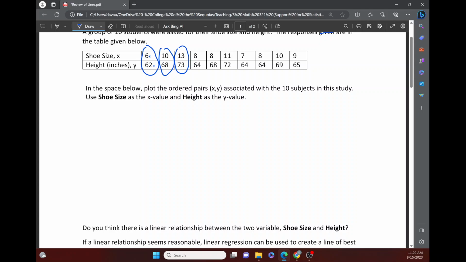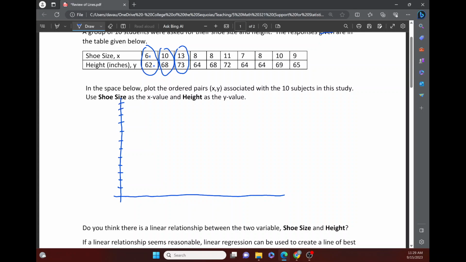So we'll go 62, 63, 64, 65, 66, 67, 68, 69, 70, 71, 72, 73.